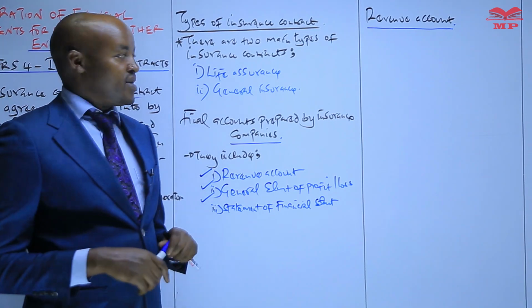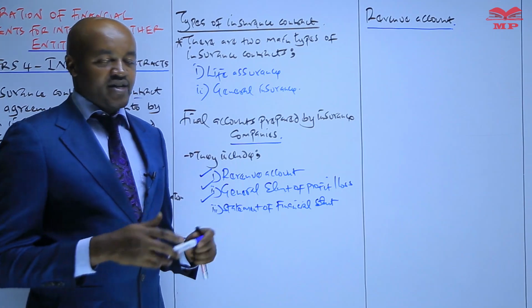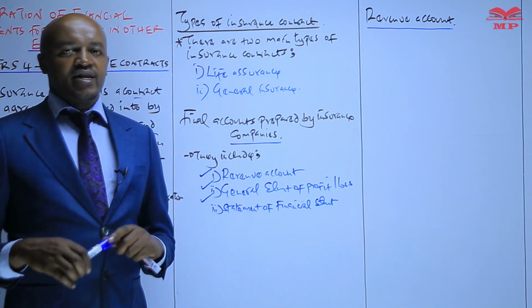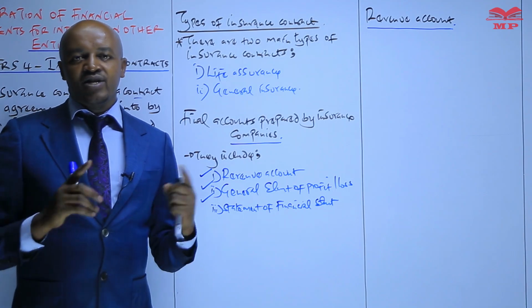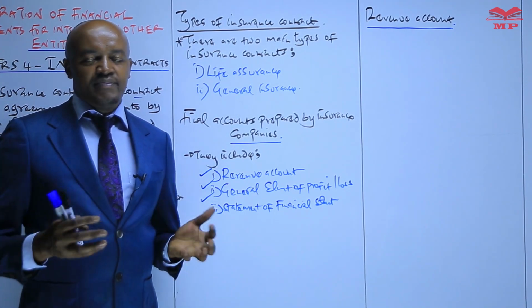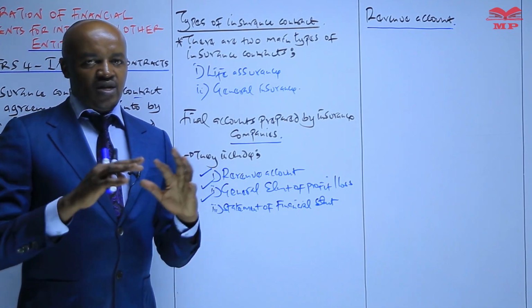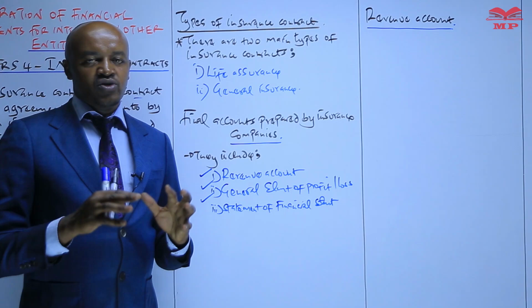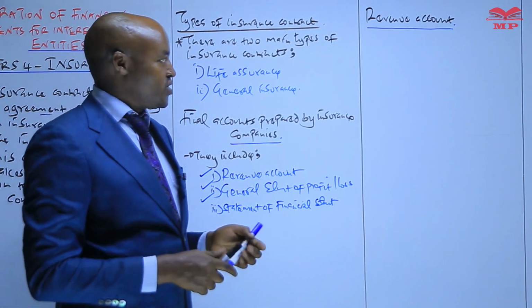Because an insurance company may be offering various insurance policies, like the fire insurance, the marine insurance, the burglary insurance. So the revenue account is prepared to determine how each insurance business is performing, not the performance of the entire insurance company, but the performance of individual insurance businesses.